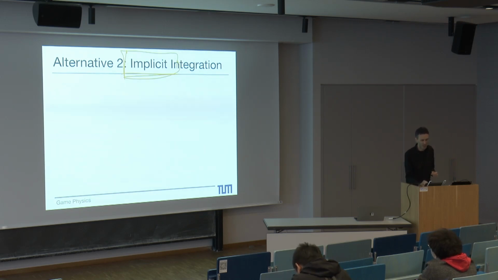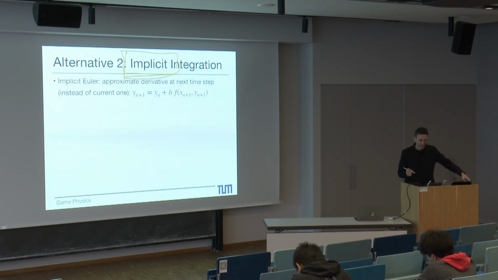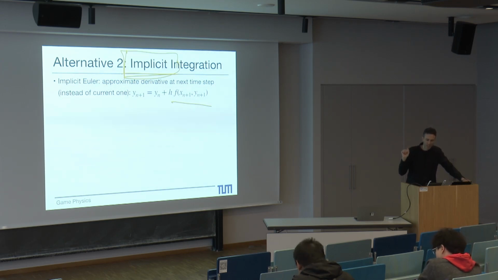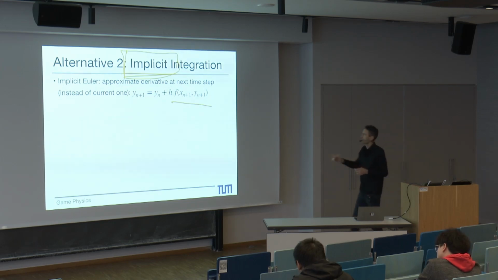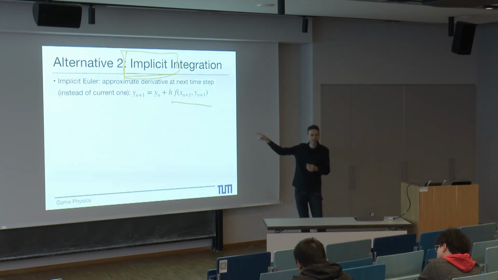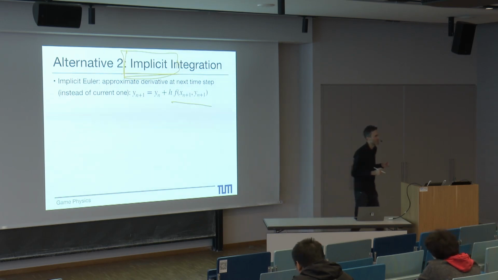And with implicit integration now, what we're instead doing is we have a state at some time or position x for our nth step. And the idea is that the derivative now, this f that we're evaluating, we're not taking from the current one, but from this future location. The motivation here is a bit that for certain applications, the derivative here in the future could be better than the one we are taking at the current step.